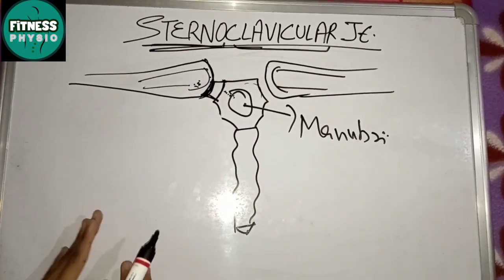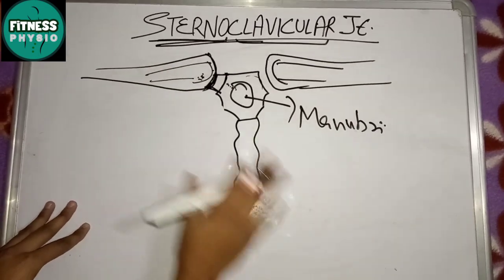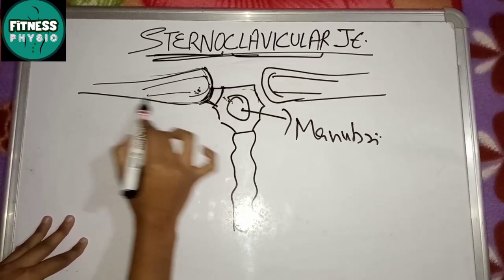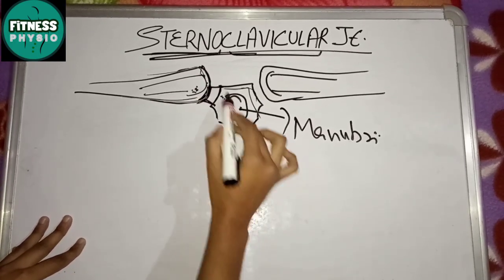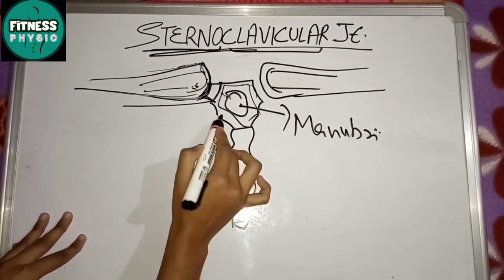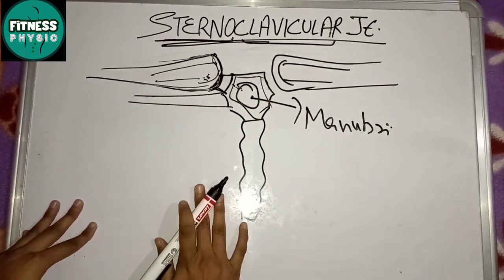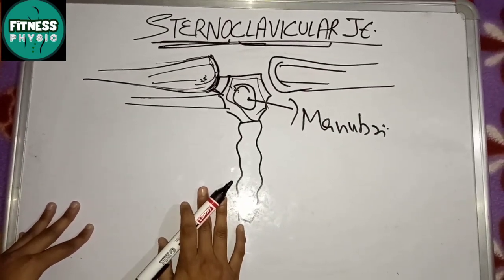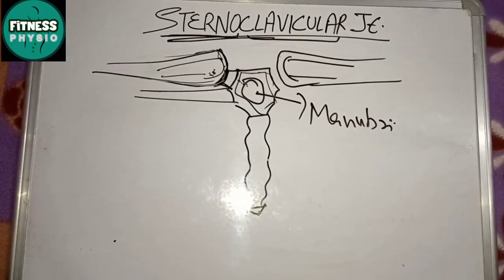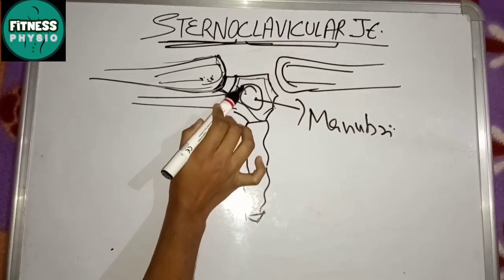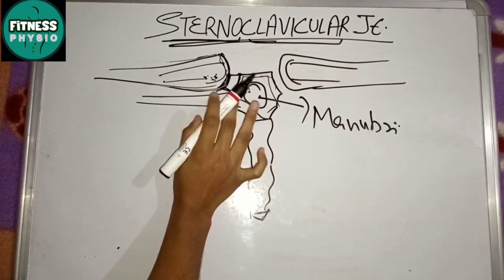It basically is an articulation between the medial end of the clavicle, your manubrium sterni and your first costal cartilage. So this is all about the articulation of the sternoclavicular joint. This is a very important joint. Why am I saying this?